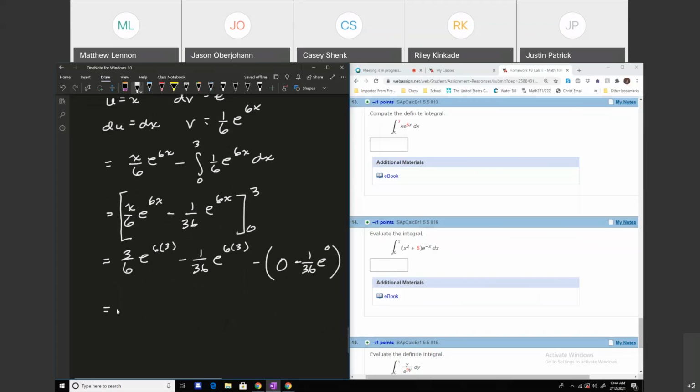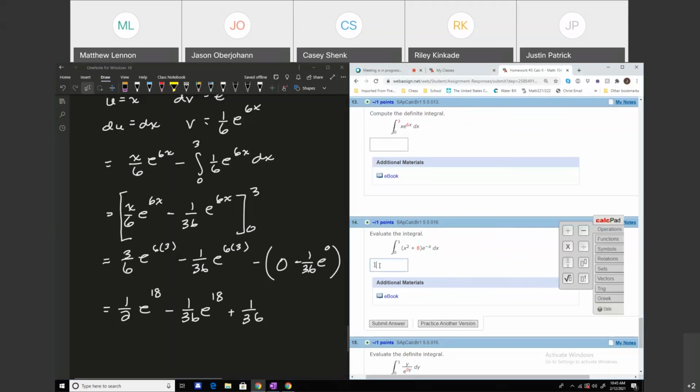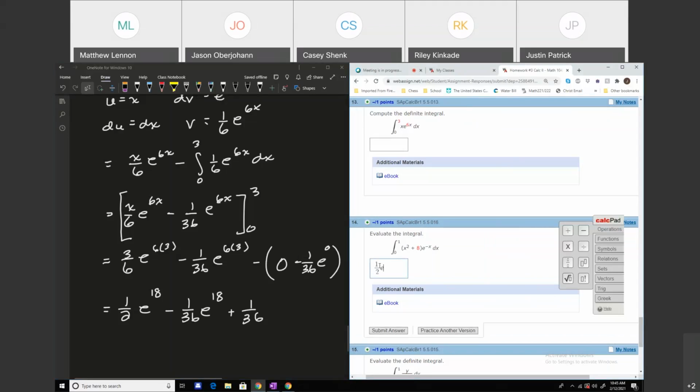So basically we have 1/2 e to the 18th minus 1 over 36 e to the 18th, and then minus minus, this will just become plus 1 over 36. You could combine this all into a single fraction. I don't know that you need to. I think they want exact answers here, so probably a decimal approximation isn't going to work either.